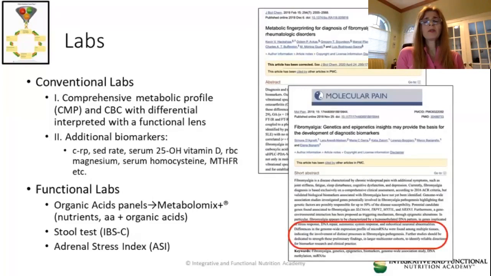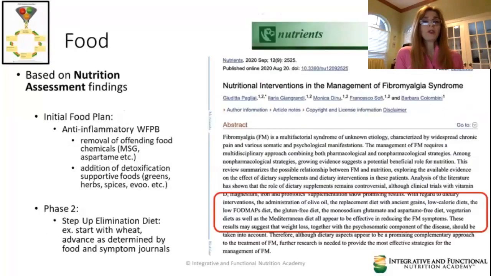But equally important, folks, was not just what went into her diet, but what came out of her diet. Going back here, you see that bullet there, removing offending food chemicals. In this first situation, a whole foods plant-based diet that was also gluten-free, and in this situation we made it dairy-free.